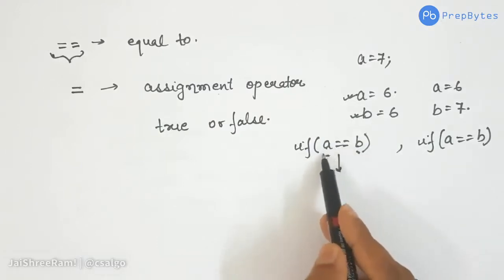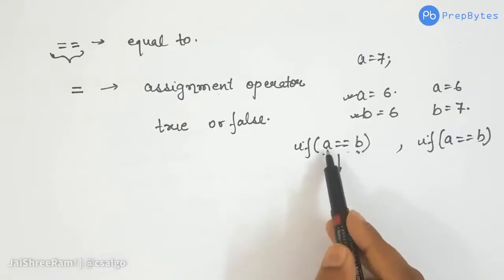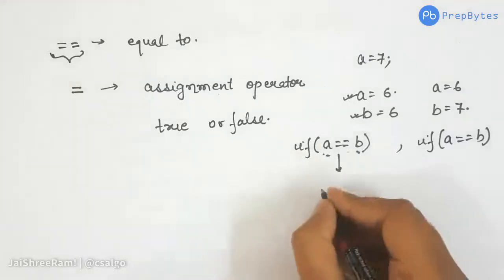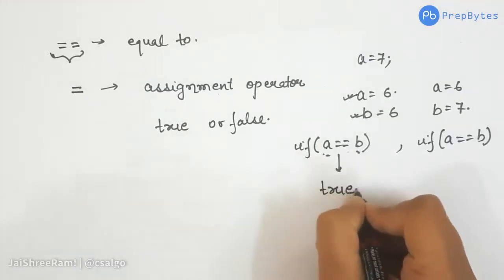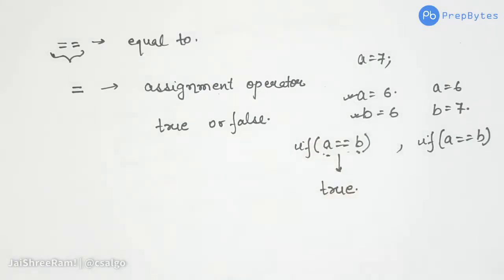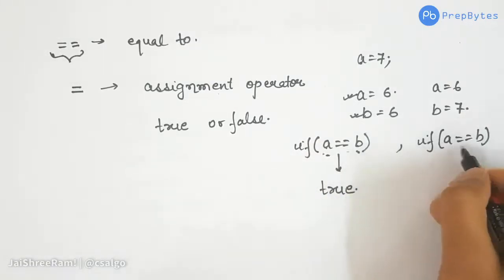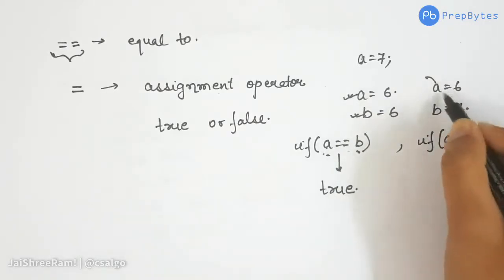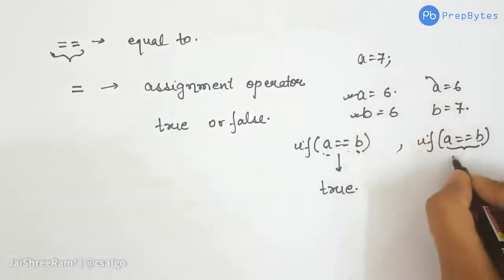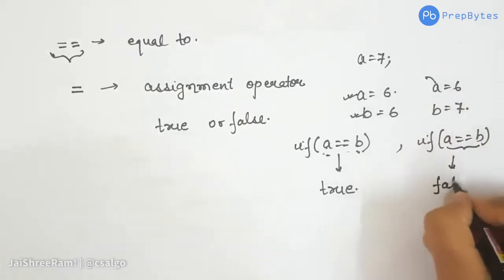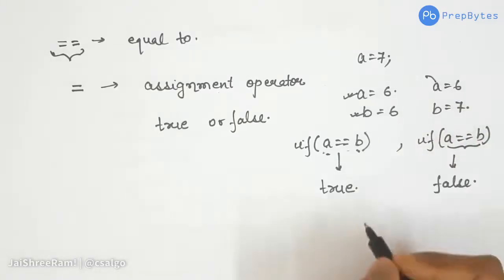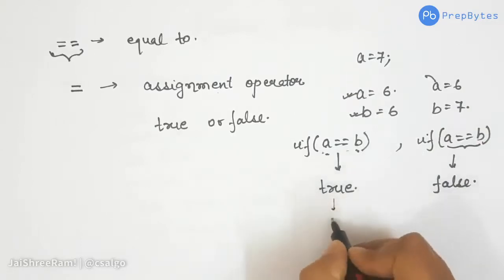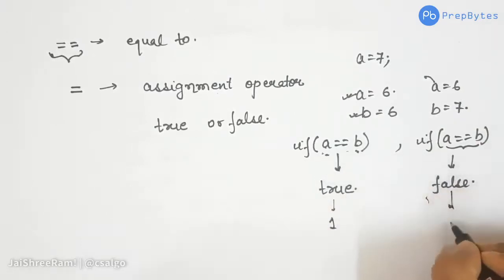So in this particular case, a is equal to b, so the result is going to be true. Whereas here we are checking whether a == b with a having value 6 and b having value 7. So a is not equal to b, and the result here is going to be false. And we know that in C++, true corresponds to 1 and false corresponds to 0.